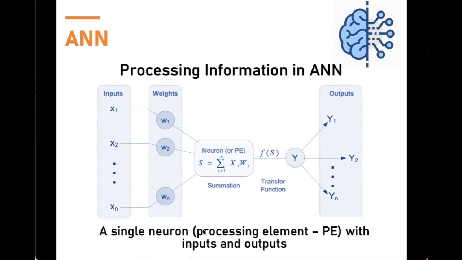In this slide we can see an illustration of this process. Each artificial neuron receives one or more input signals, represented as numerical values. Each input is multiplied by a corresponding weight value.